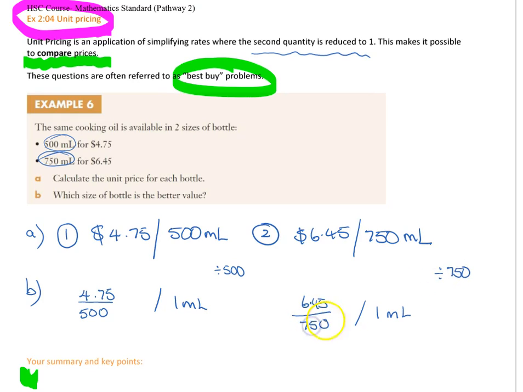Please set your work out this way. It's a fail-safe method. You can see exactly what you're doing. You're not trying to remember what needs to be divided. Is it the first term or the second term? Don't focus so much on that. Understand what you're wanting to do. We're wanting to change 750 mils down to 1 ml.